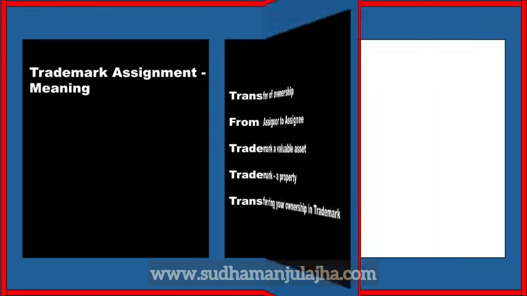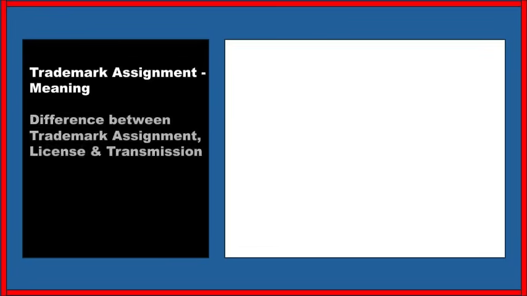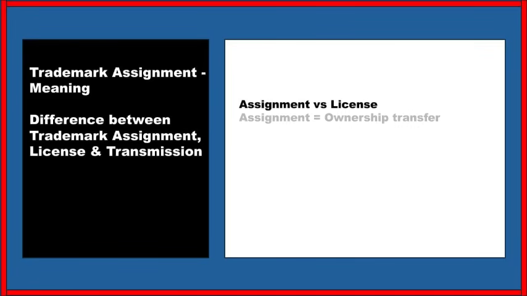So to understand assignment better, let's differentiate it from transmission and license also. Assignment transfers ownership, whereas licensing only permits use of the trademark by the other party, that is, the licensee, while ownership remains still with the original proprietor, that is, the licensor. So we see here that a license does not change ownership.